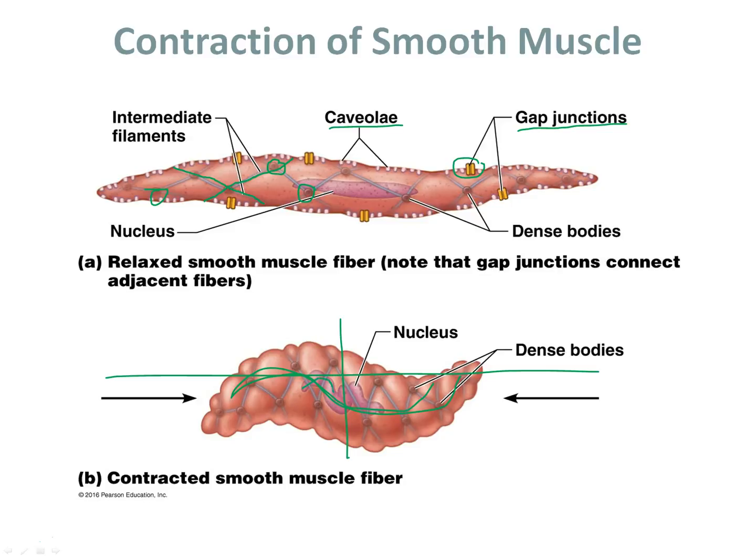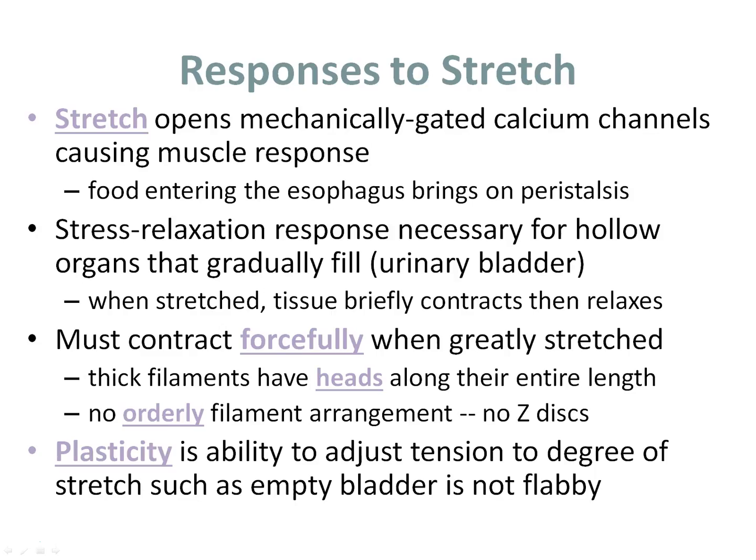And you can see how the nucleus gets all squished up inside the cell instead of being long and skinny like it is in a relaxed smooth muscle cell. So this is a little deceptive because this cell up here not only shortens in length, but it also gets skinnier as it shortens. So pretty much the whole thing squishes like a little slug.